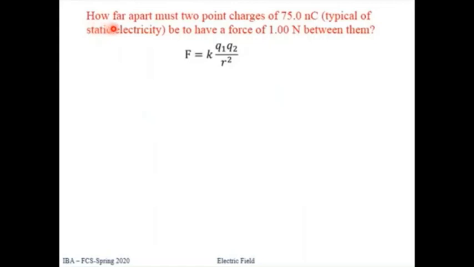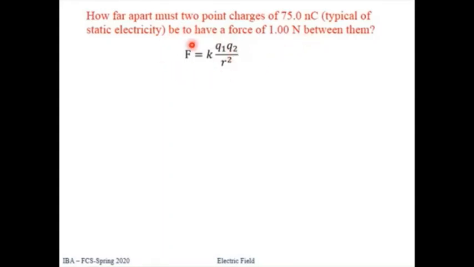Another problem: how far apart must two point charges of 75 nanocoulomb be? Nanocoulomb means 10^-9 coulomb, typical of static electricity, to have a force of 1 Newton between them.